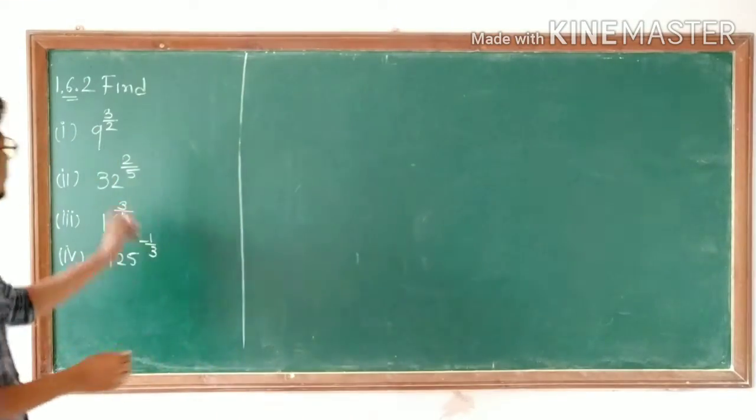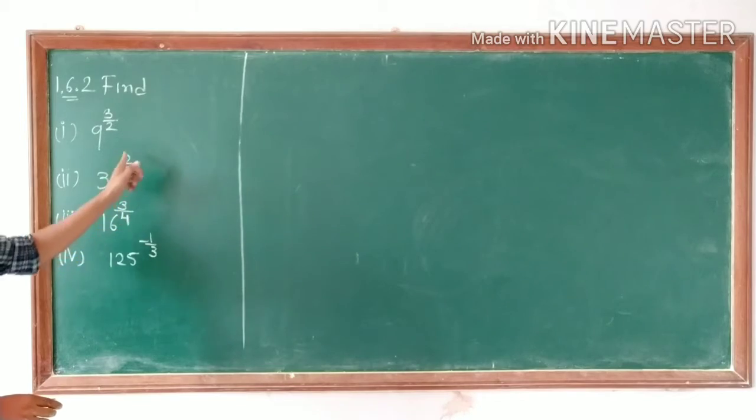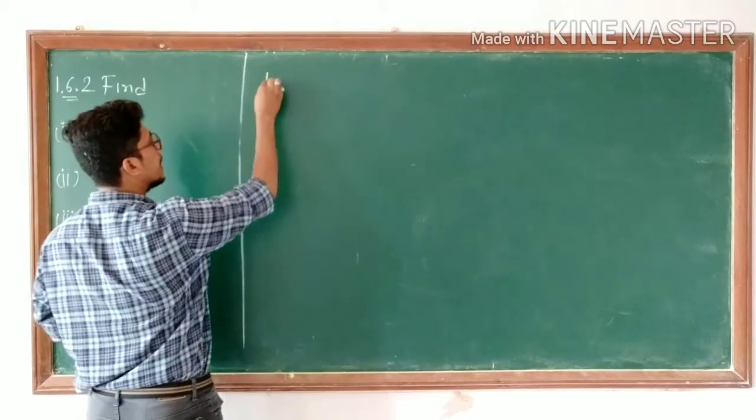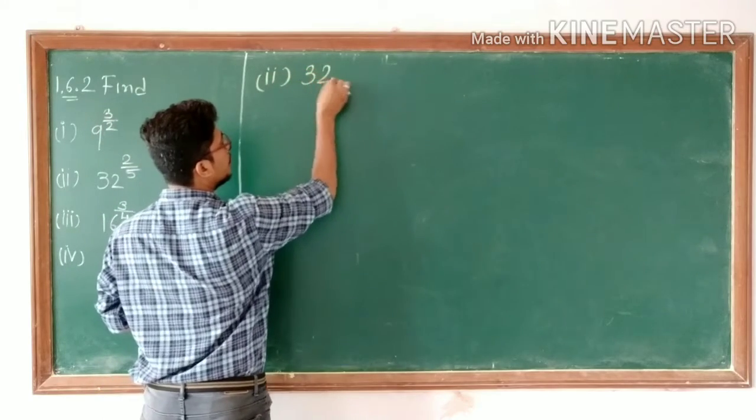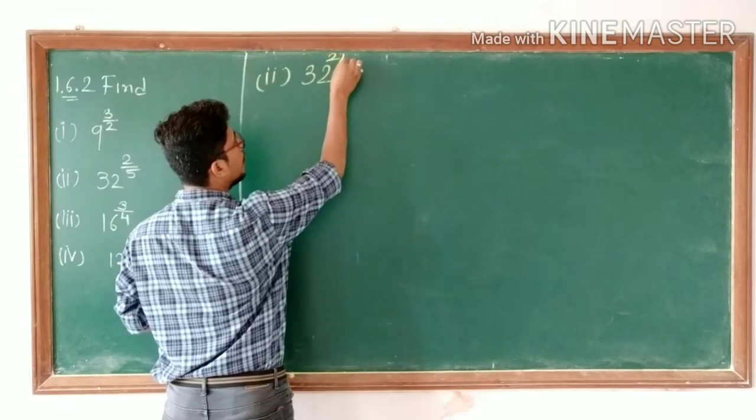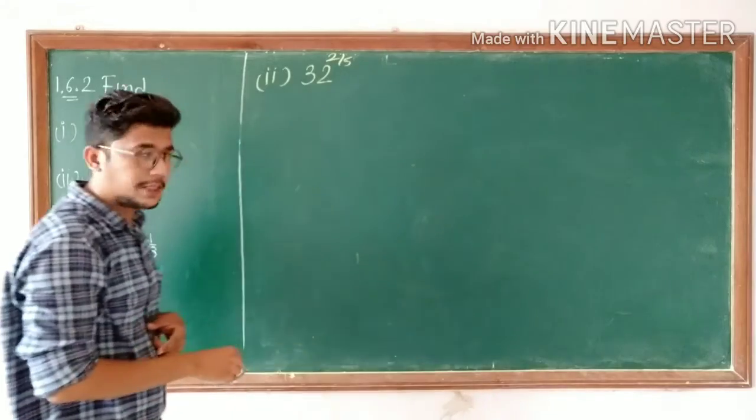What does it say? 32 to the power of 2 upon 5. Yes or no? Yes.